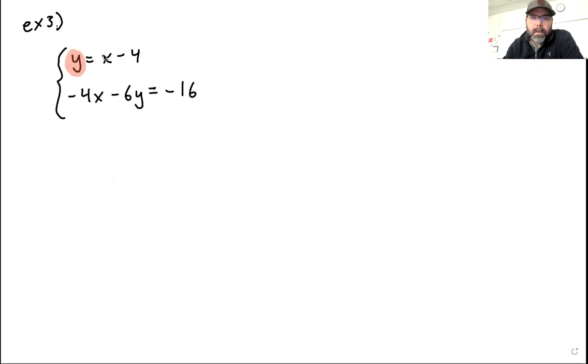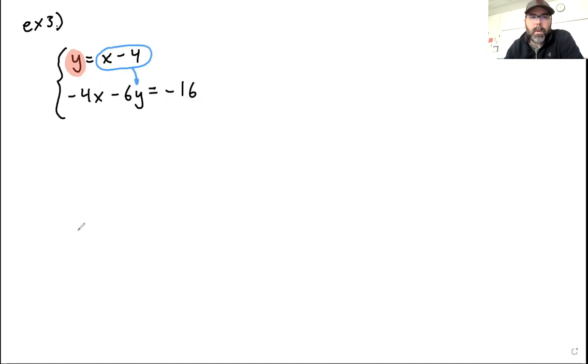So for step 2, we're going to take what that equals. In this case, y equals x minus 4. We're going to take this and we're going to plug it into the other equation for x or for y. Y. That is correct.